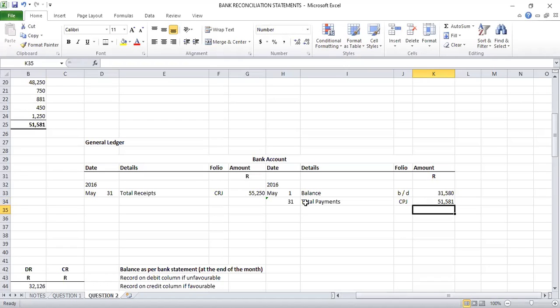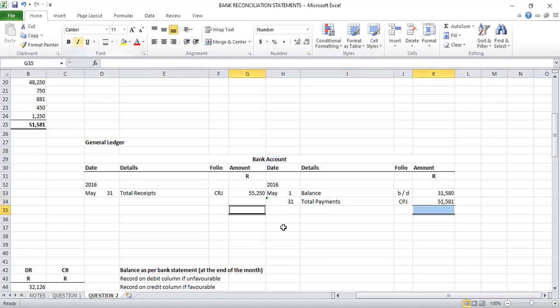After posting our total receipts and our total payments, we then balance our bank account. To balance your bank account, you have to record the bigger total of the two sides in the same line. Here we've got 55. Here we've got 31 plus 51, which is somewhere around 82, 83. So the credit side is larger.